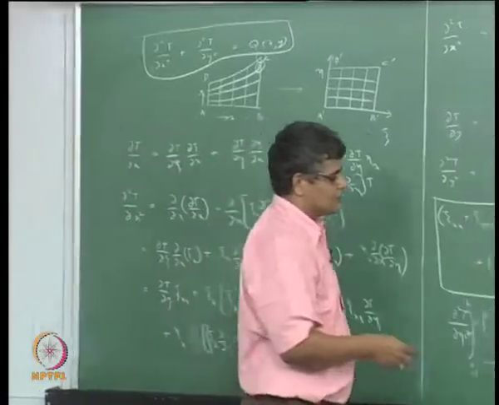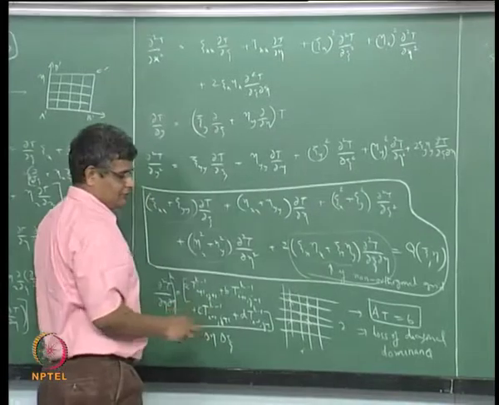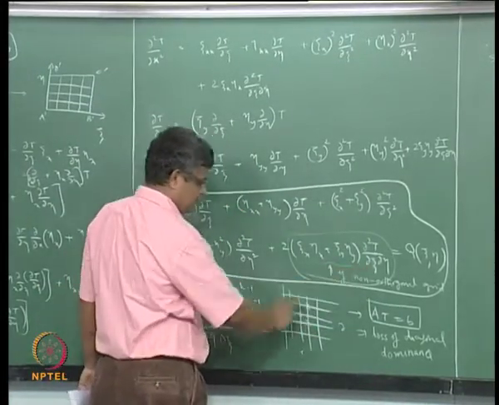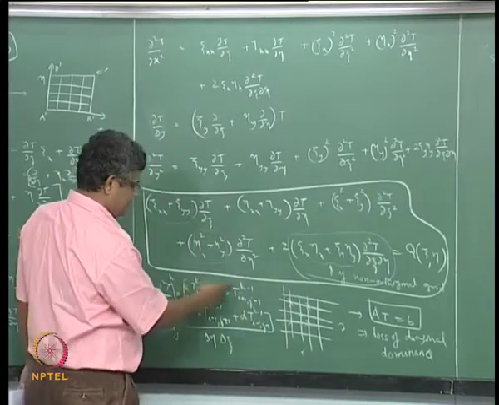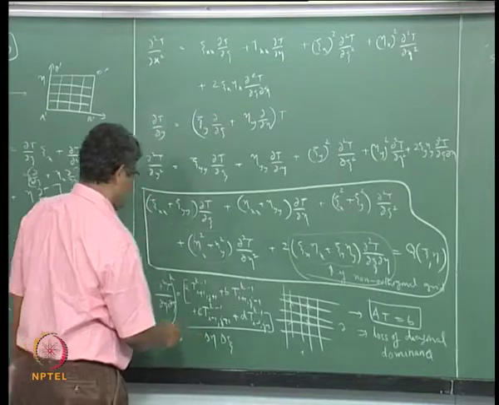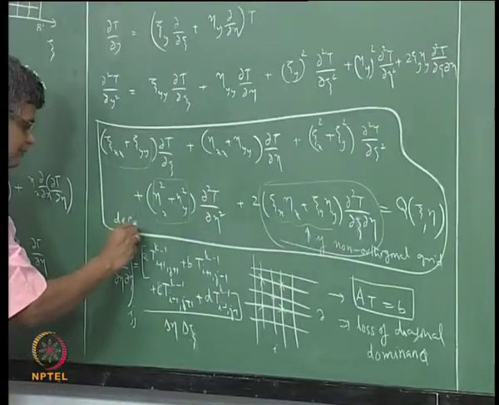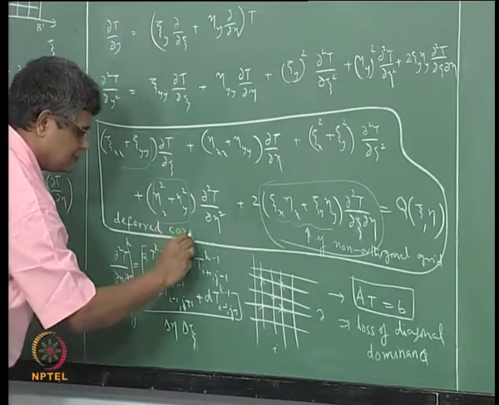If they are not orthogonal, then this contribution here is not 0. We will have to live with cross derivatives, and these derivatives can be treated in this deferred correction mode. So we call this deferred, postponed correction.